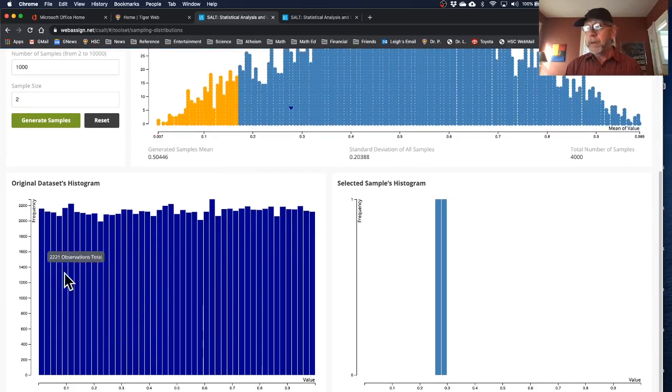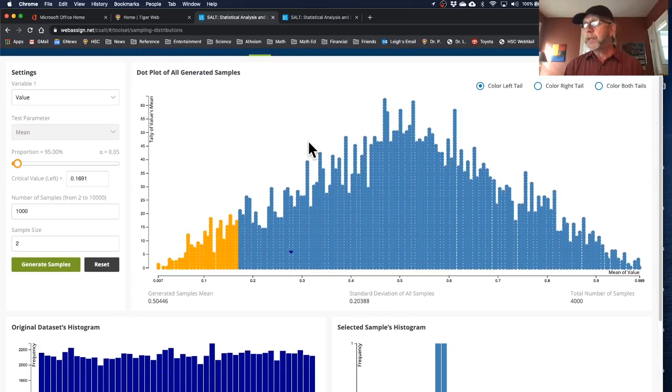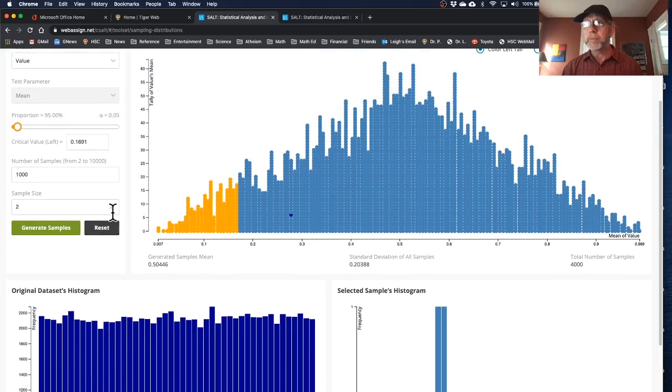Down here in the lower left, you see the population distribution. This is just the distribution of those 100,000 numbers. It's uniform, but the sampling distribution has a more normal shape. It's not exactly normal, actually looks more triangular here, but it's more normal than the uniform distribution.